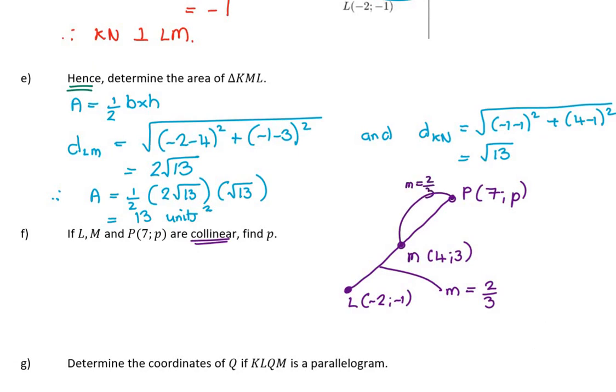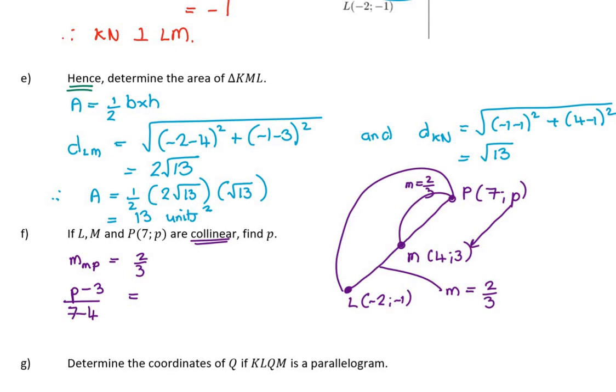Or I could say, well, the gradient from L to P must be 2/3. I would rather work with M because it has positive values, so it's easier for me. So I know the gradient of M to P is also 2/3. Now, how do I work out the gradient of M to P? Well, it will be change in y, so it'll be p minus 3 all over 7 minus 4.